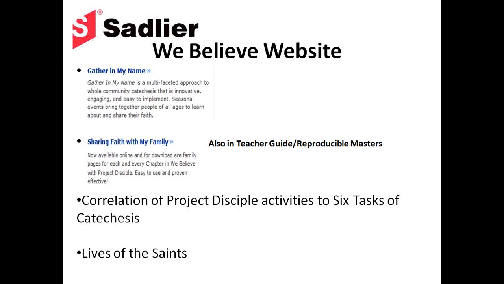In the teacher manual at the back is a page called Sharing Faith with My Family. It's also online on the website, but it's in the teacher books. These are from a previous edition of Sadlier, and it is a parent page that could go home.